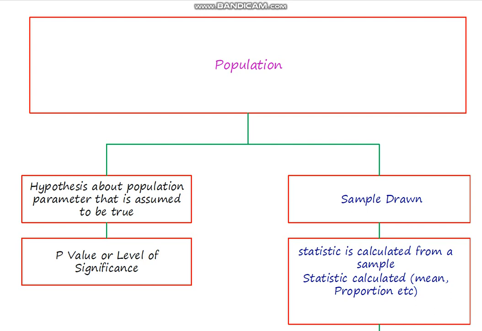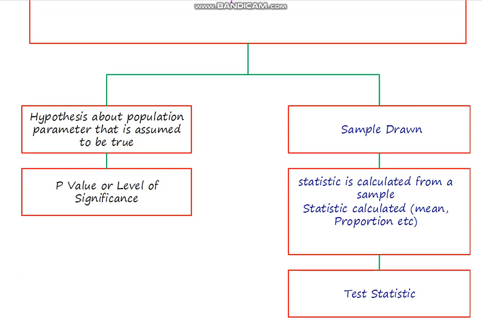and on the other side, from this population we draw a sample, because on the basis of this sample we take the decision or draw inference about the population parameter. As you know, the value computed from sample observations is called a statistic, and this statistic may be a mean or proportion.